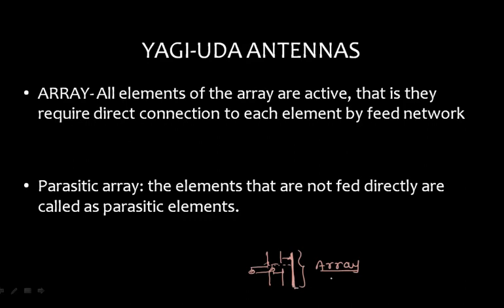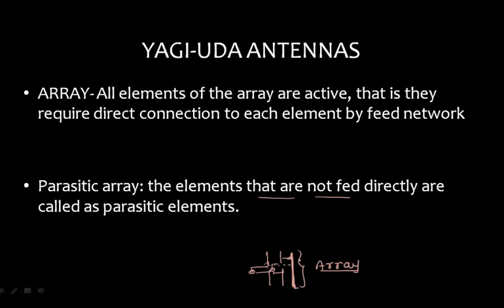So we are categorizing our arrays as array and parasitic array. In an array, each and every element is connected with the feed network, and in the parasitic array, the element is not fed directly, but it works as an antenna because some energy is incident on it, and it contributes to the radiation.